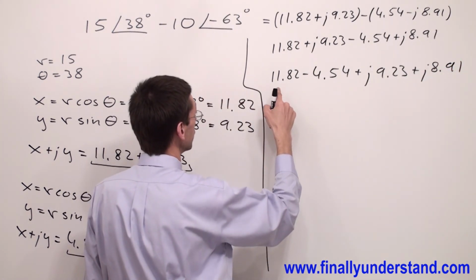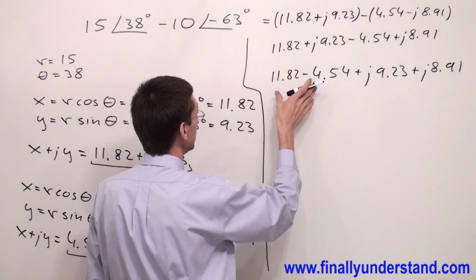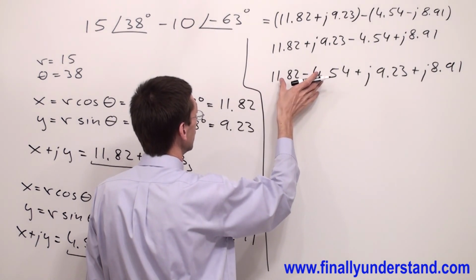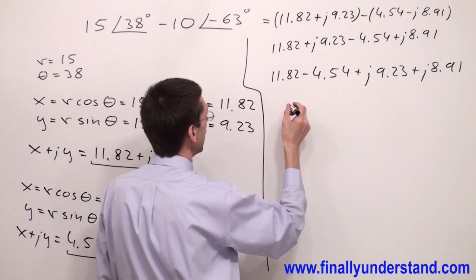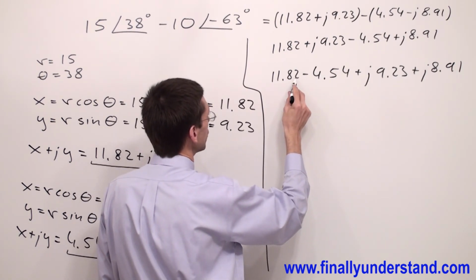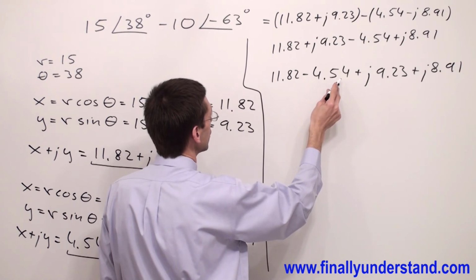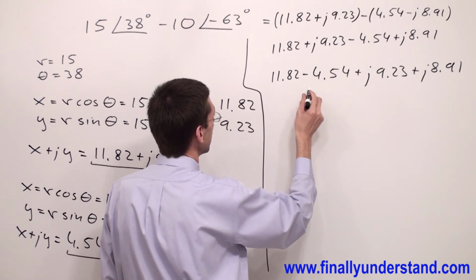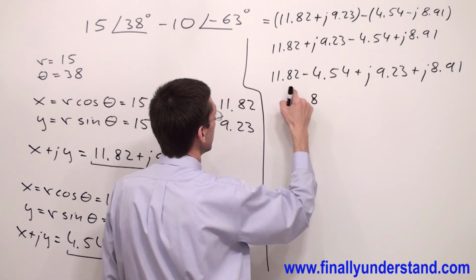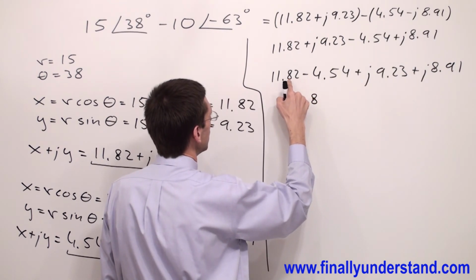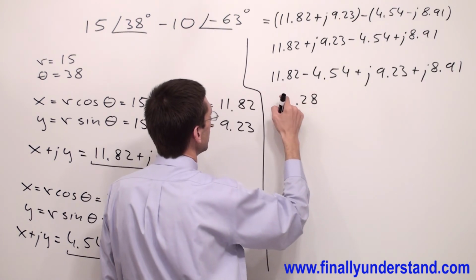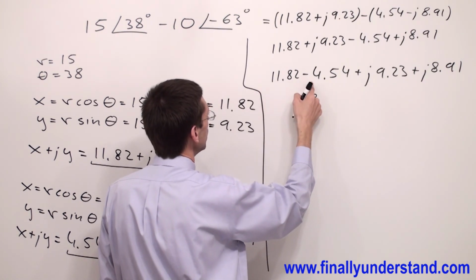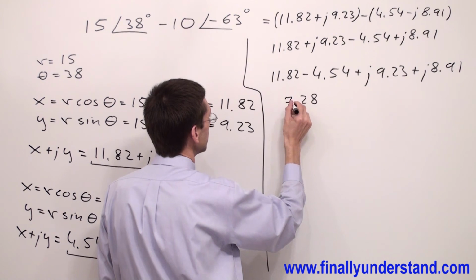Okay, so if you want to combine these two real numbers, you're supposed to simply perform the subtraction. So I have 12 minus 4 is equal to 8, and I have 7 minus 5 is equal to 2, and I have 11 minus 4 is equal to 7.